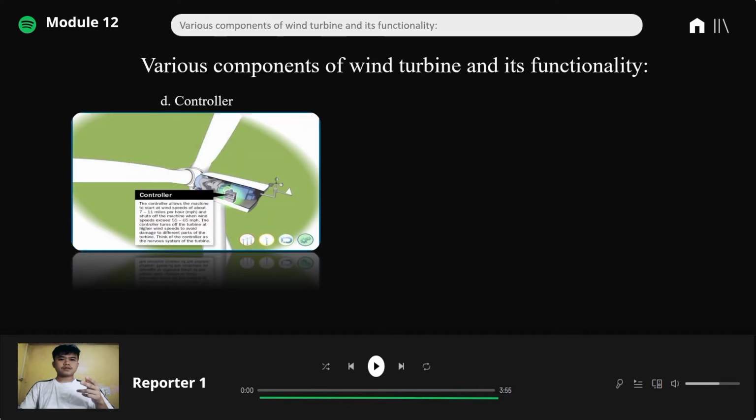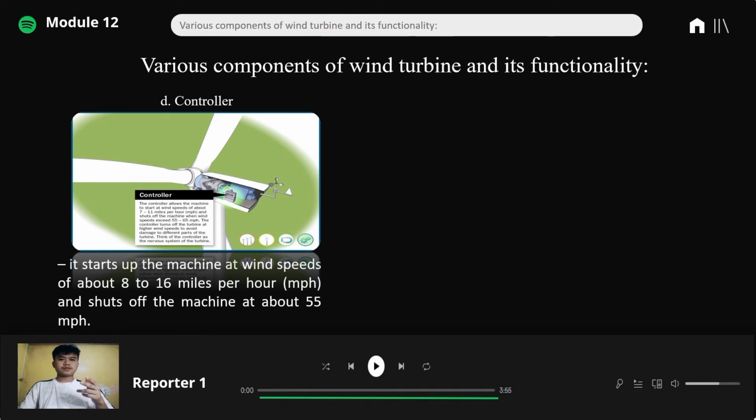Next is the controller. The controller starts up the machine at wind speeds of about 8 to 16 miles per hour (mph) and shuts off the machine at about 55 mph. The wind farm controller's function is power management.